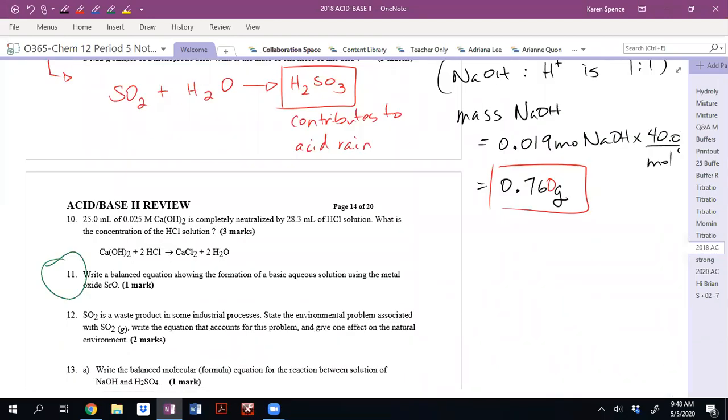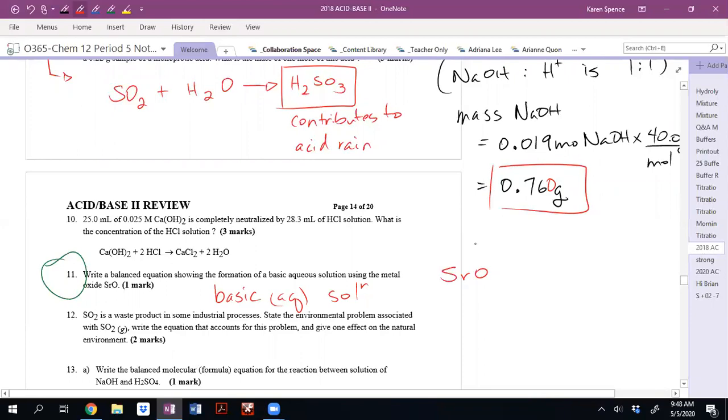Okay. 11, you are going to write a balanced equation showing the formation of a basic aqueous solution using the metal oxide SrO. So we want to take SrO and we want to show how that reacts to make a basic aqueous solution.